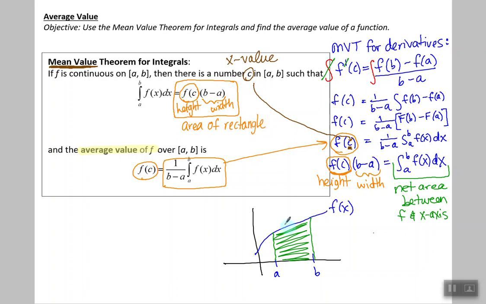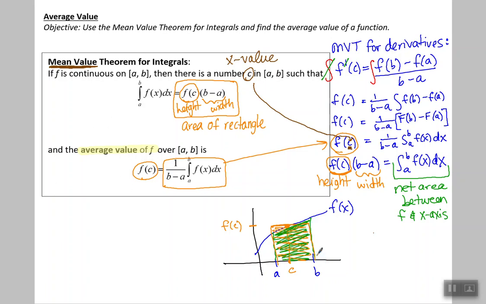If we can find one spot at which we can find that height and call that at some x value c, such that this is at the y value f of c, then this rectangle that is blocked off is going to give us the exact same area as the area under the curve that we originally colored in green.